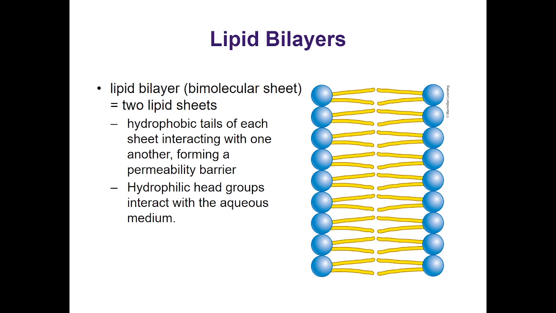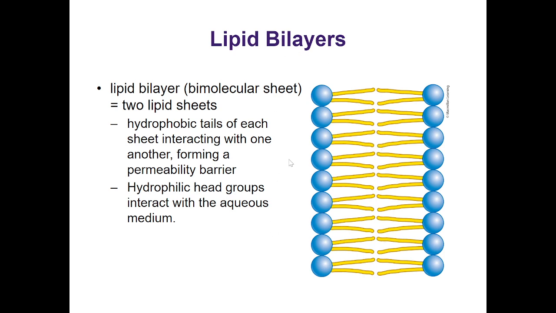Anyways, lipid bilayers. This is what we're usually talking about when we're talking about cell membranes. So here's our lipid bilayer. This is going to be a bimolecular sheet. You're going to have two lipid sheets right here. You'll have, again, the hydrophobic tails. They're going to point on each sheet, interacting with one another. This is going to be what forms your permeability barrier.